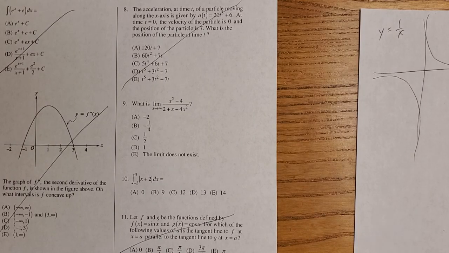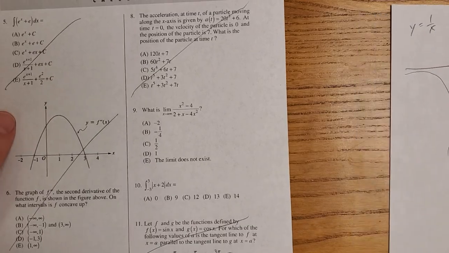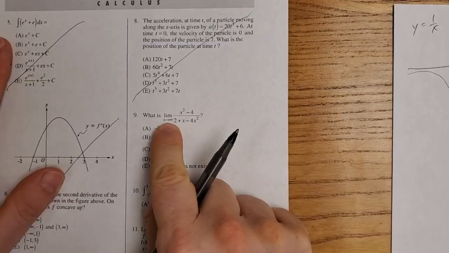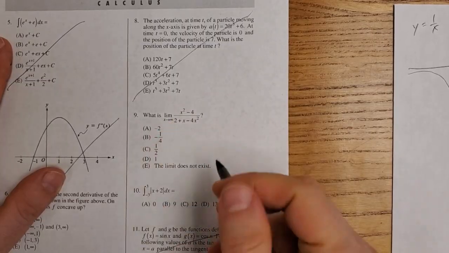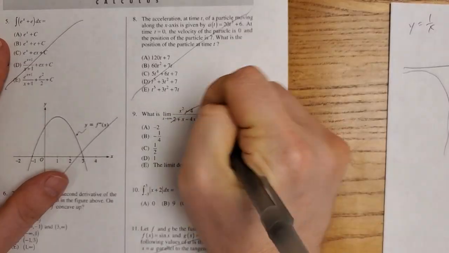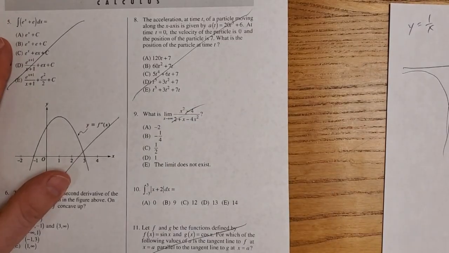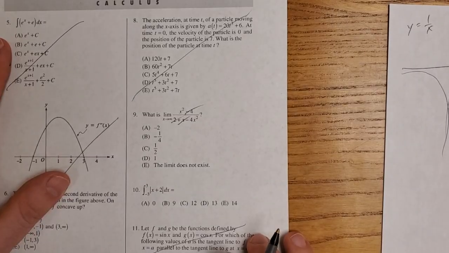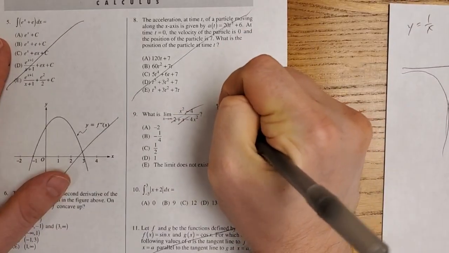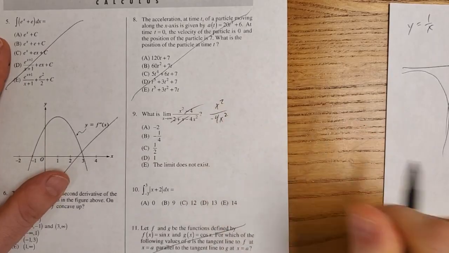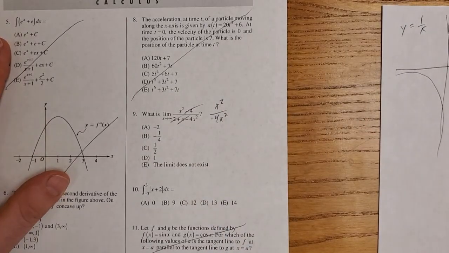But how can we do this fairly quickly? Well, if we think about very, very large values of x, the 2 is not going to be relevant, the negative 4 is not going to be relevant, and even the x is barely going to be relevant. So x squared is going to completely dominate once x gets very, very large.